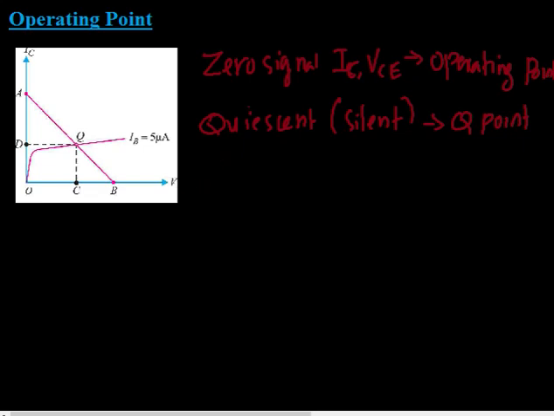Now if we consider the output characteristics of this transistor for a base current of 5 microampere, then this line represents the possible values of VCE and IC.